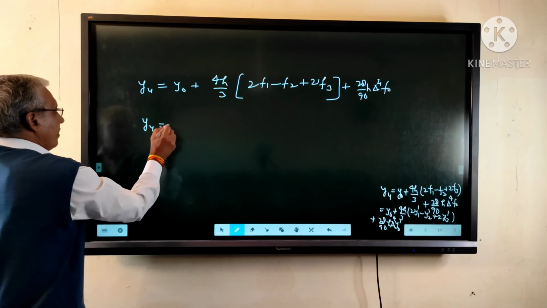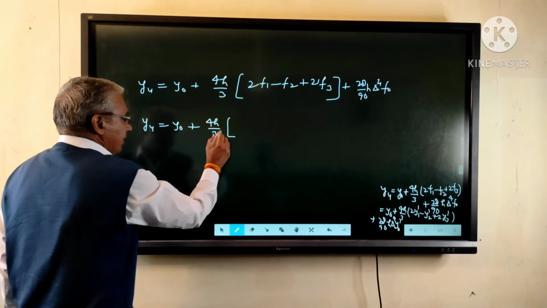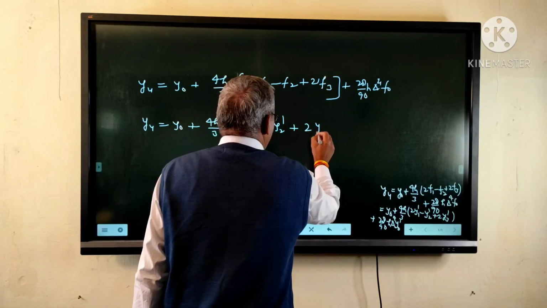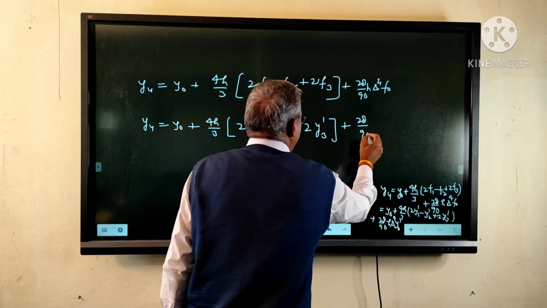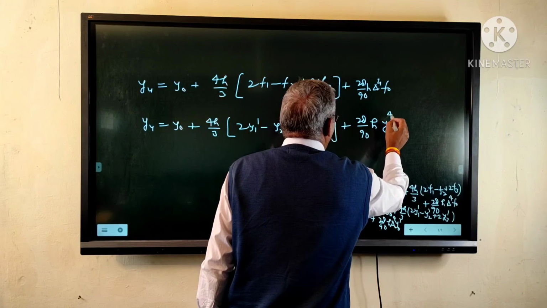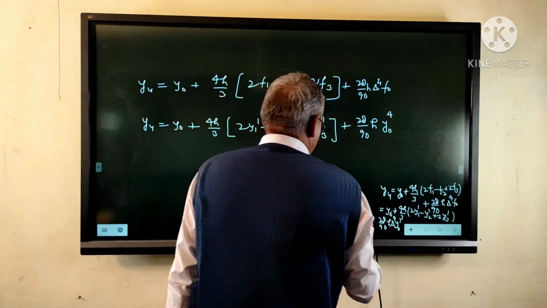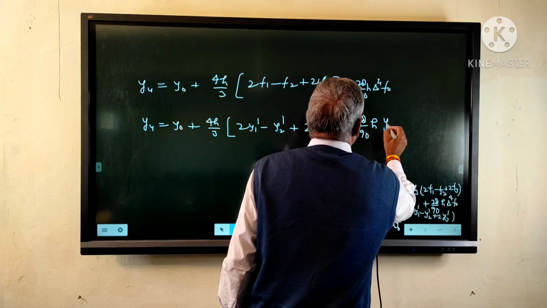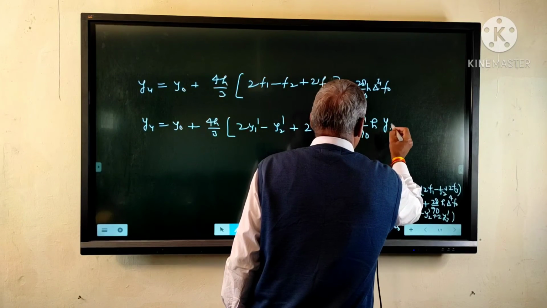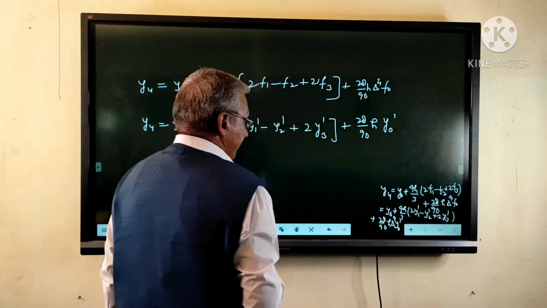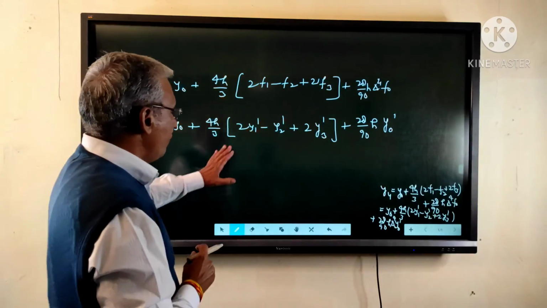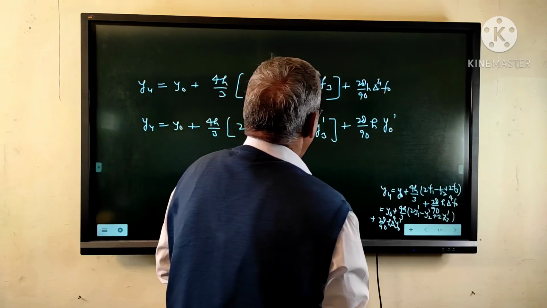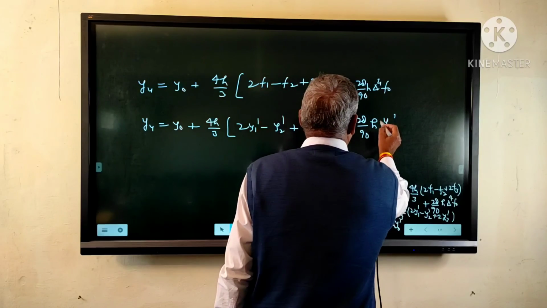This can be written as y4 equals y0 plus 4h by 3, 2y1 dash minus y2 dash plus 2y3 dash, plus 28 by 90 h del 4 y0 dash.